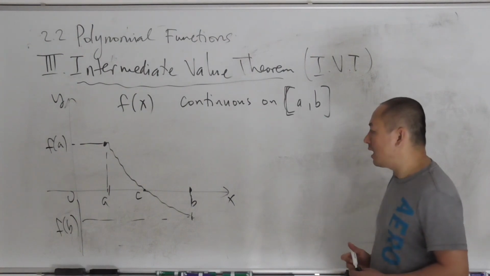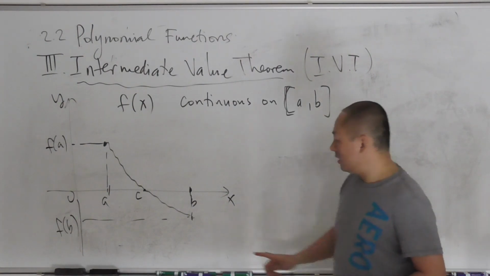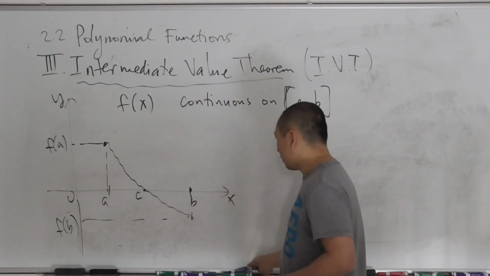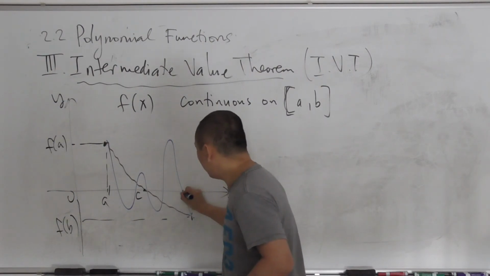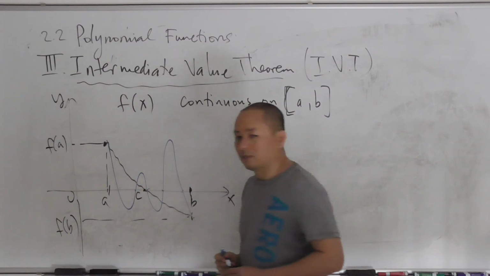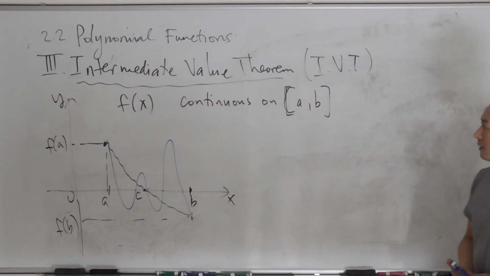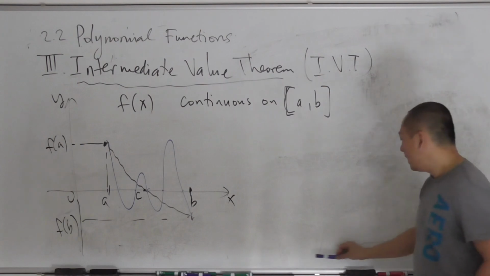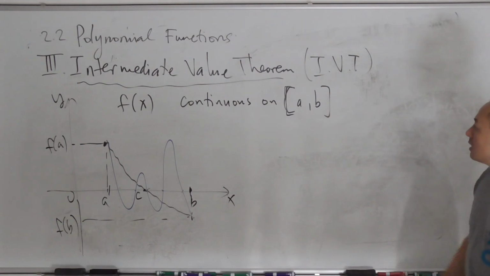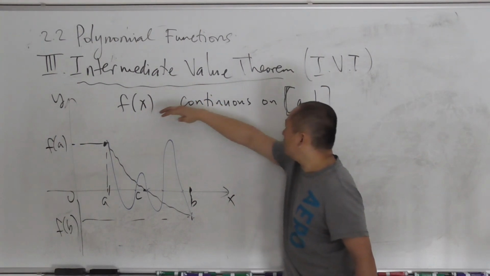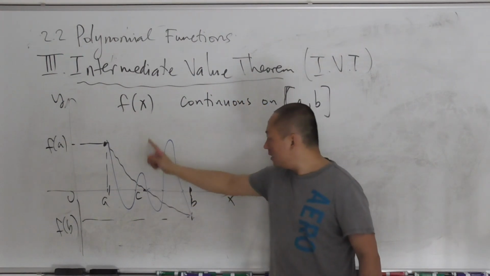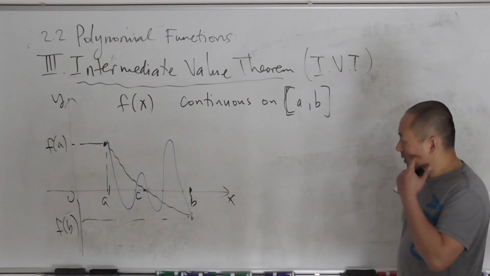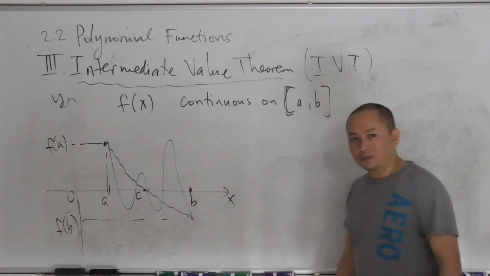And I'm not saying that you're going to have exactly one C. You may have a couple points. The graph could be like this. Who knows? You may have a couple of x-intercepts, but at least one. Okay? So the idea of the intermediate value theorem says this. If you have a function f of x which is continuous on an interval ab, then for sure you have the x-intercept somewhere between a and b.